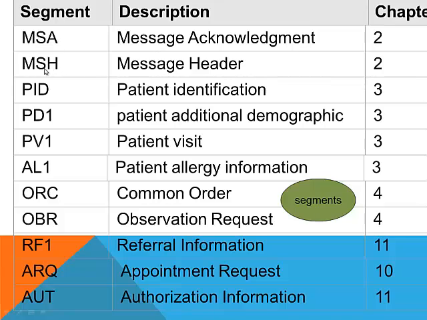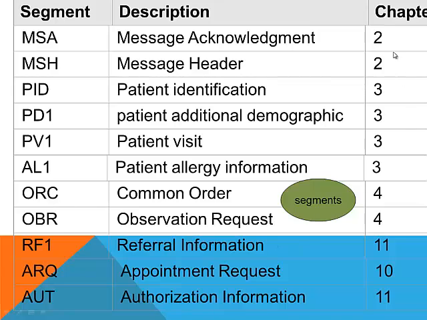MSH is the message header. For PID, it's patient identification. For the segment named patient additional demographics, it's PD1. For the patient visit, it's PV1. For patient allergy information, it's AL1. Also, we have other kinds of segments.